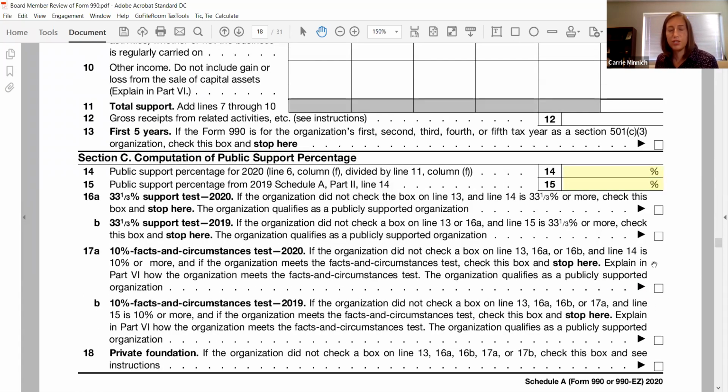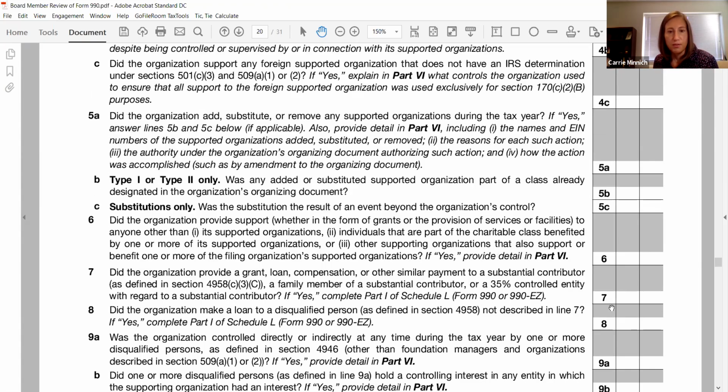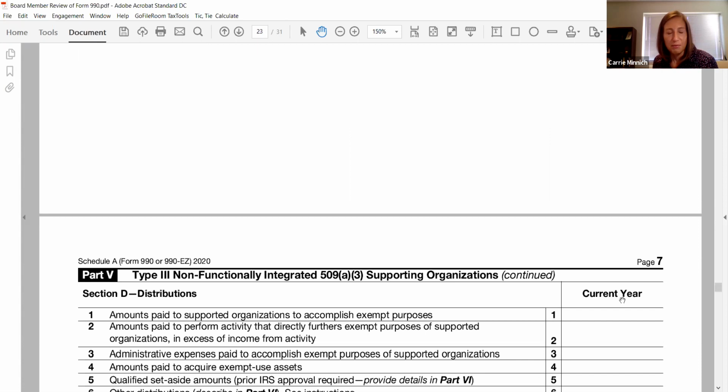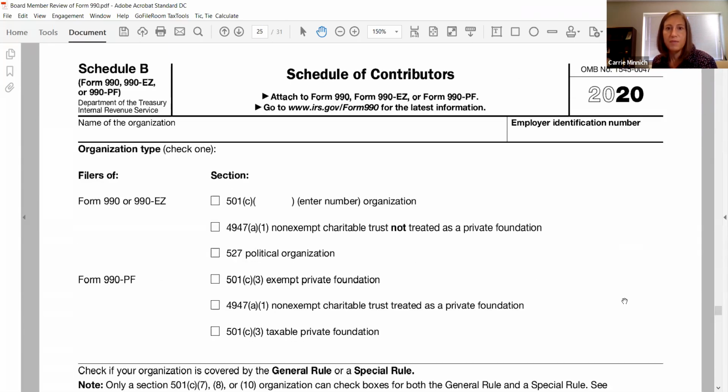So Schedule A, just make sure that these percentages are above 33 1/3%. And then I wanted to touch briefly on Schedule B as I skim through these pages here, going fast through these. Schedule B, this form also needs to be completed by most nonprofit organizations.